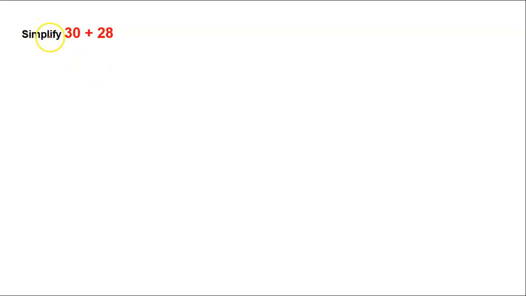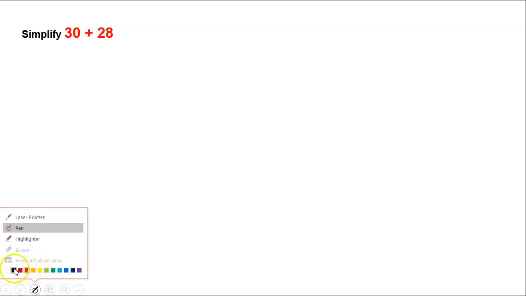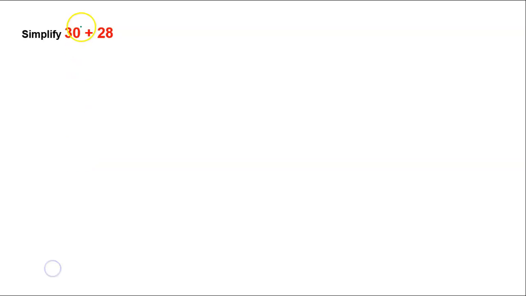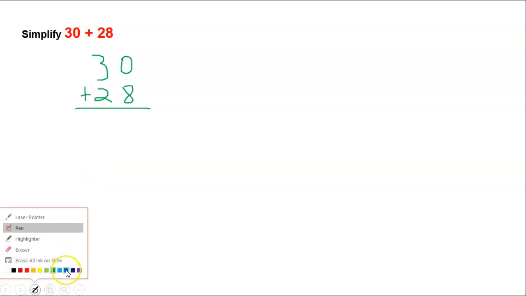In this question, we are asked to simplify 30 plus 28. Now, again, both 30 and 28 are positive, meaning that the signs are the same. As a result, we need to add and keep that sign. So let's go ahead and add 30 plus 28. And that's a simple one. It would get more complicated as we go along. 8 plus 0 is what? 8, right?